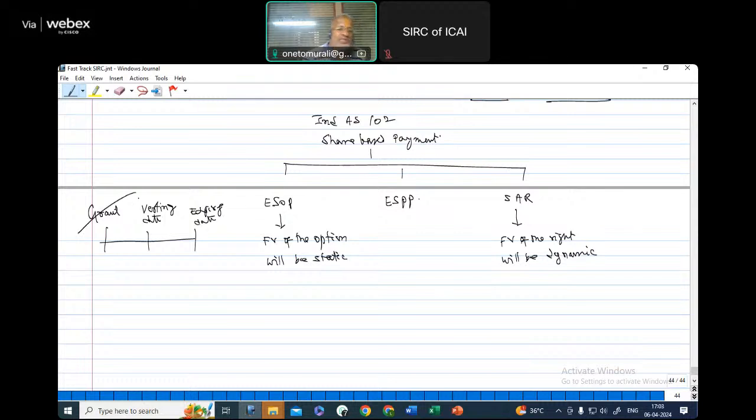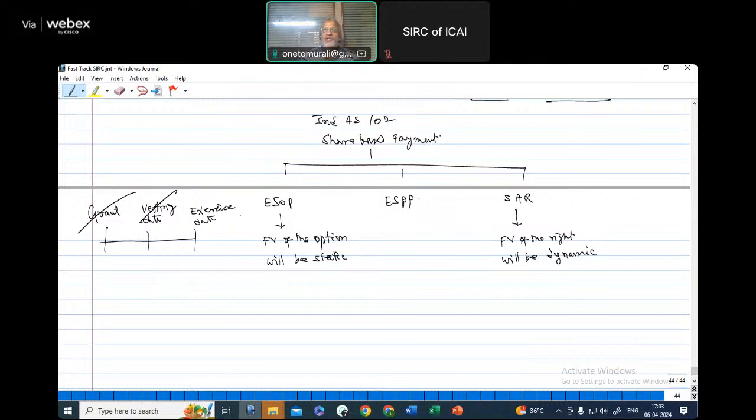The date of announcing the plan is the grant date. The date on which he is eligible to subscribe is the vesting date. There will always be a period provided for subscription, which you call the exercise date. After that, he cannot have the eligibility for exercising.